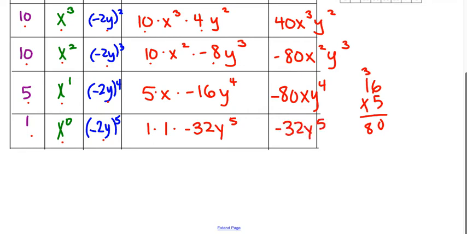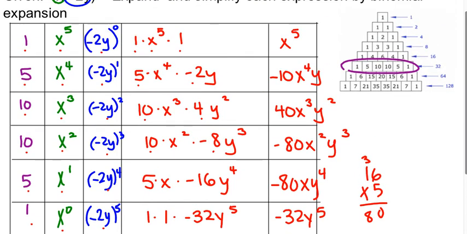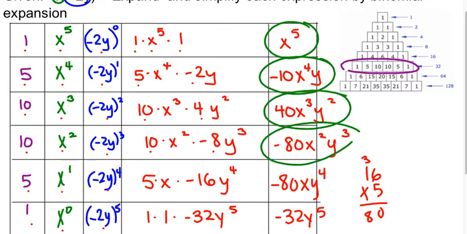In the final column, we just take all of those terms and combine them. So x to the fifth, negative 10x to the fourth y, 40x cubed y squared, and continue. And those will be our 6 terms.